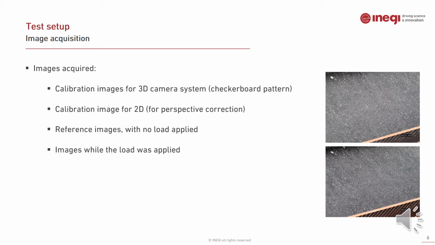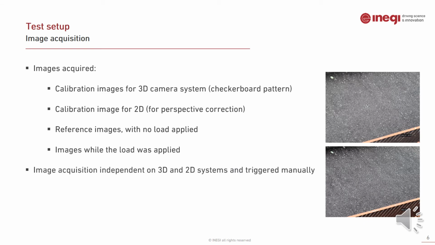Then we acquired reference images on all systems with no load applied, so no one on top of the bridge, and those are the images we can see here on the right for the 3D system. And then the load was applied, so the group of people which stood on top of the bridge was instructed to go onto the bridge, and so the loaded images were acquired.